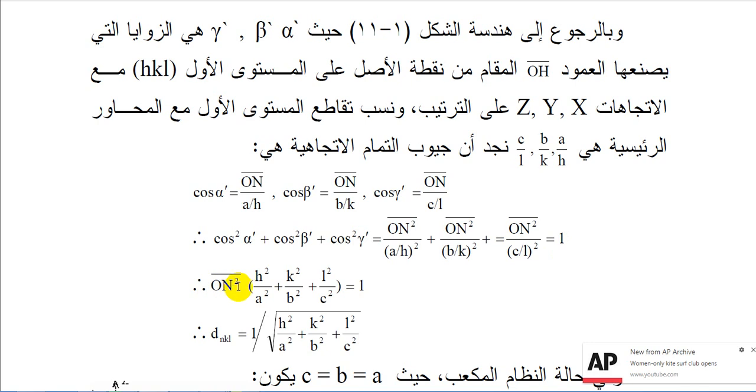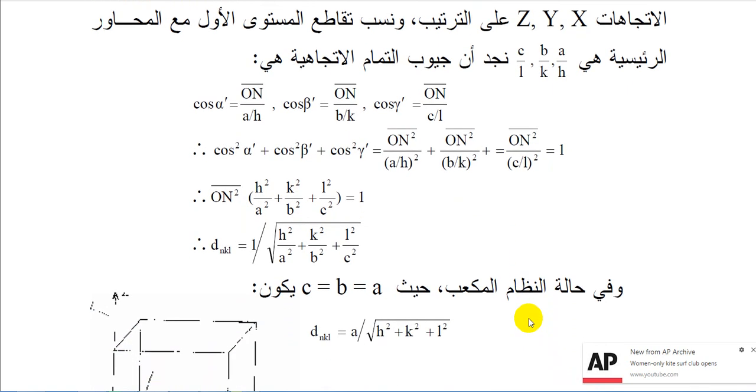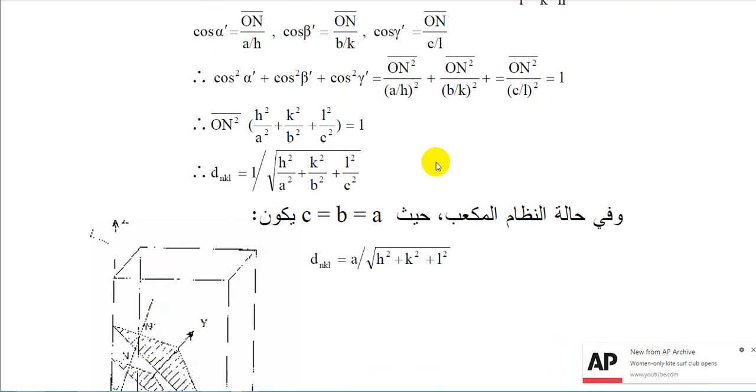ON squared is then h squared over a squared, plus k squared over b squared, plus l squared over c squared, equals 1, a unit value.